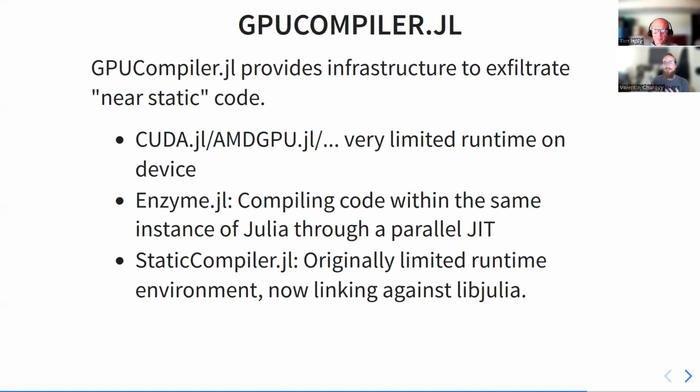The next evolution of that is a project I've been working on over the last couple of years, Enzyme.jl, and it uses GPUCompiler, but it goes a step further. By loading the code within the same runtime, it can actually deal with dynamism, with runtime interactions, with all of these other things, because it is in the same runtime.